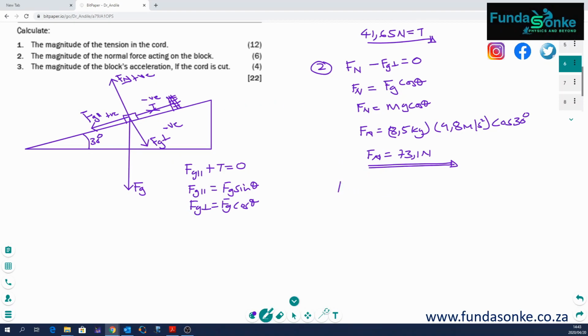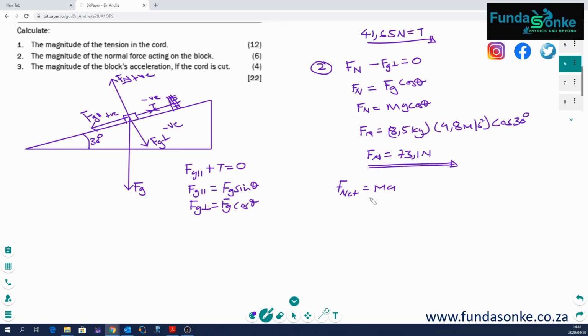So we know that our force net is equal to mass times acceleration. And so we are told that if the string is cut, so there's no tension, it means this object will accelerate down due to the force Fg parallel.